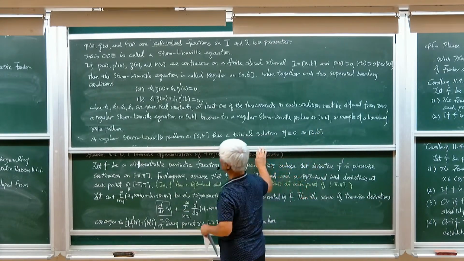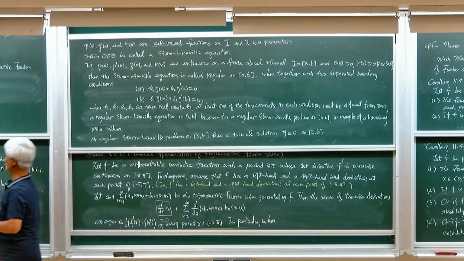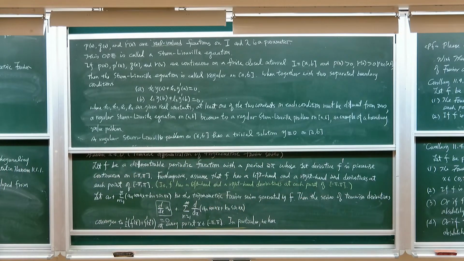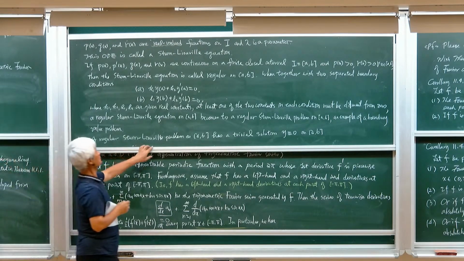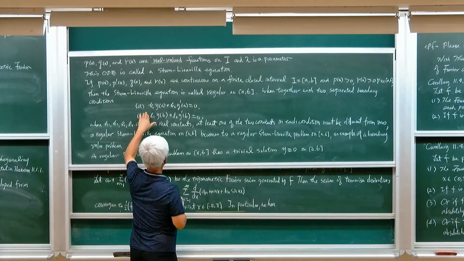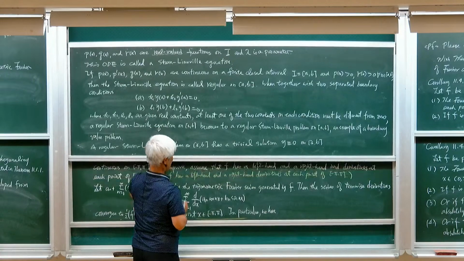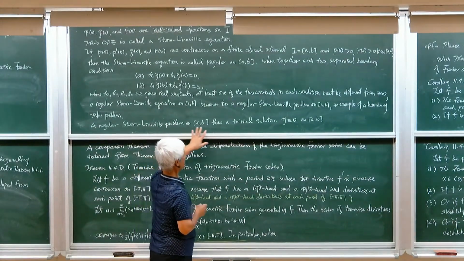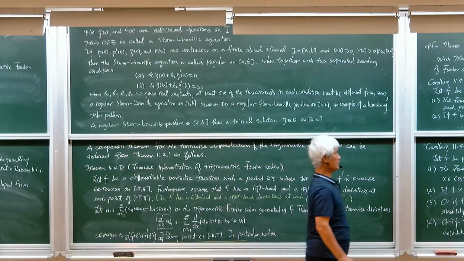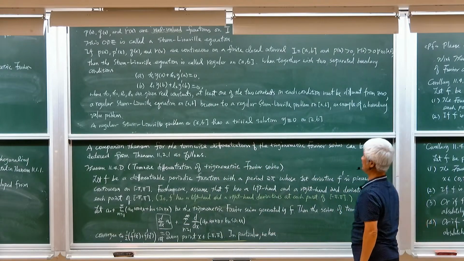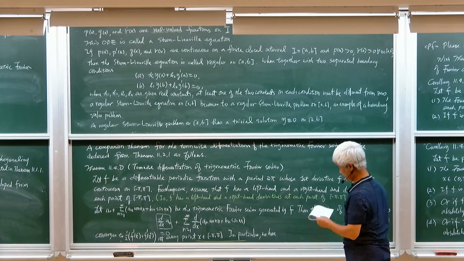Okay, so you can see if y is 0, it satisfies this Sturm-Liouville equation, and it will also satisfy both boundary conditions, 0 and 0, right? So a regular Sturm-Liouville problem has a trivial solution.